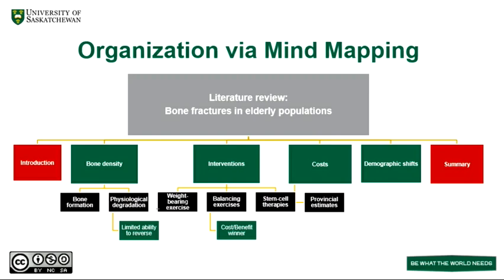So in this instance, for example, the main themes might be bone density, interventions, costs, and demographic shifts. And within some of those themes, we have some sub-themes and then some sub-sub-themes.